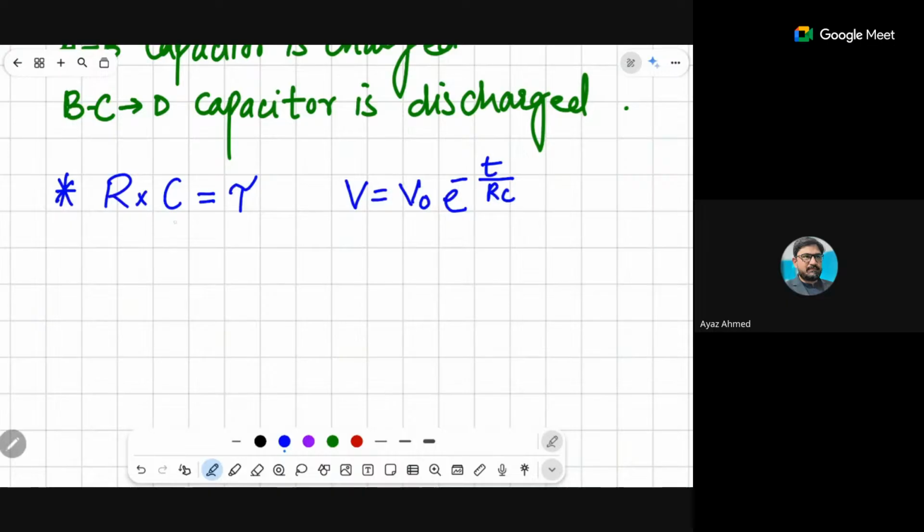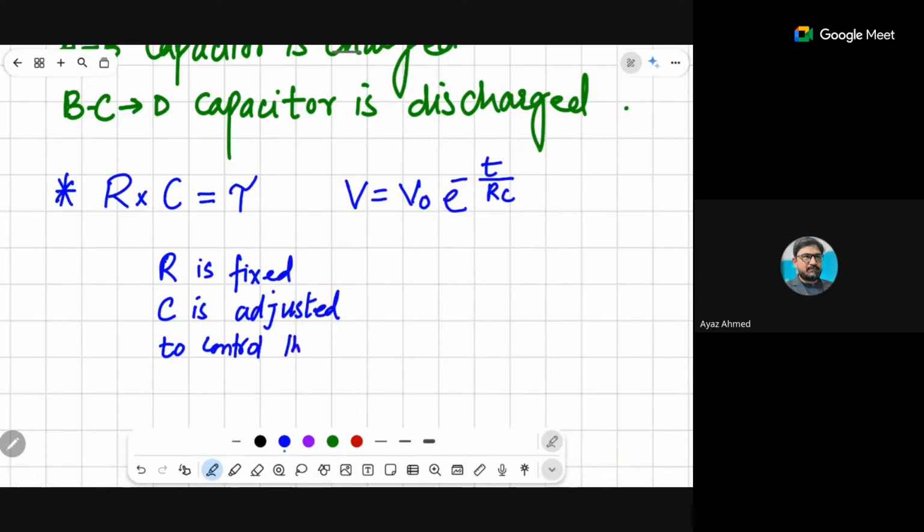For example, R is fixed, the load resistor, and C is adjusted. When you adjust your C in such a way, you control the discharge time of the capacitor.